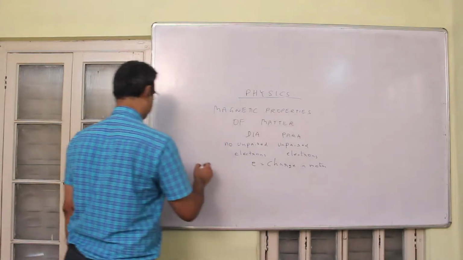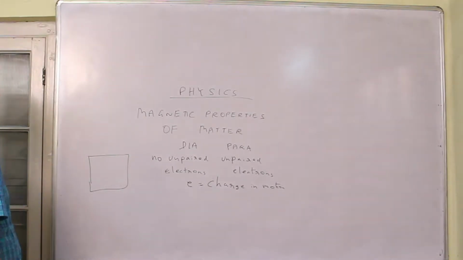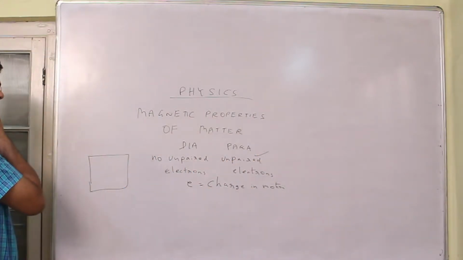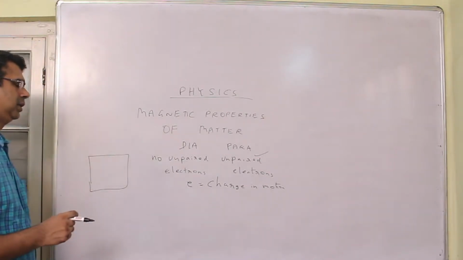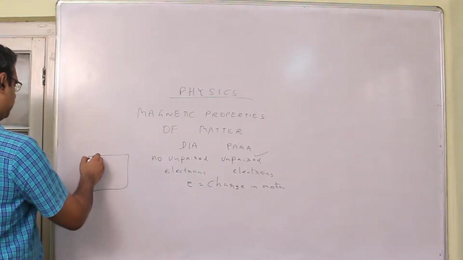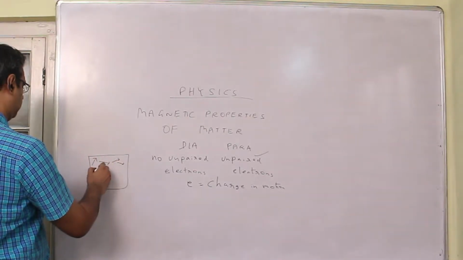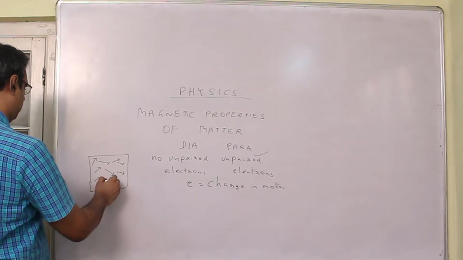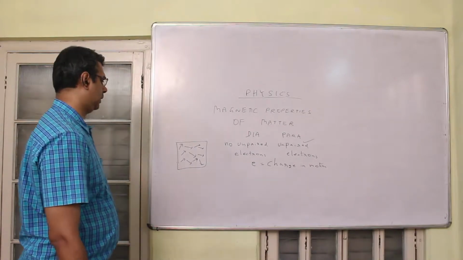Now imagine that there is a substance, and this particular substance has unpaired electrons. So due to unpaired electrons, each atom has a net magnetism. So we can substitute an atom by a dipole. You will notice that I have drawn a diagram over here.